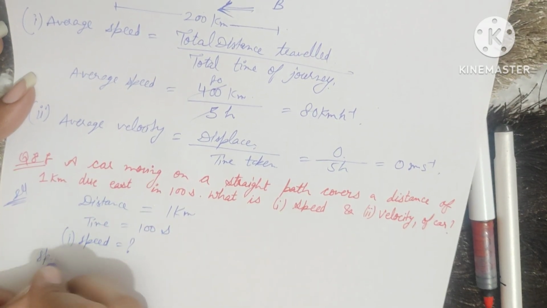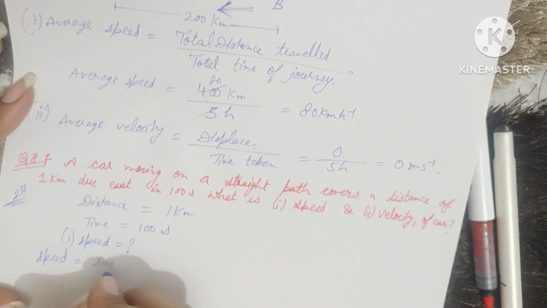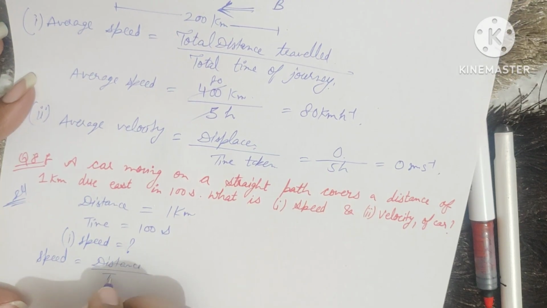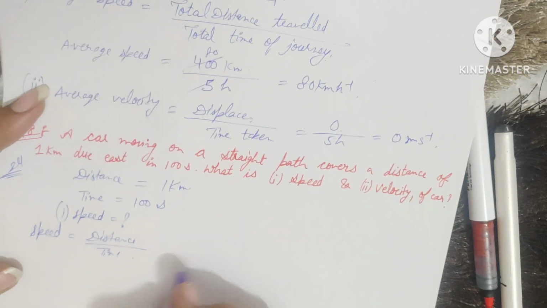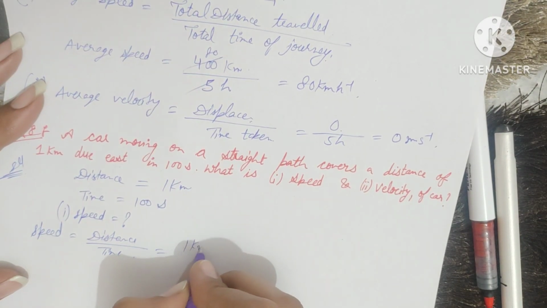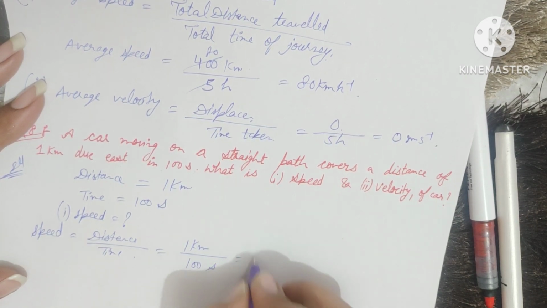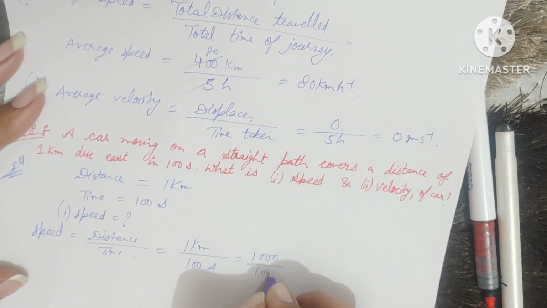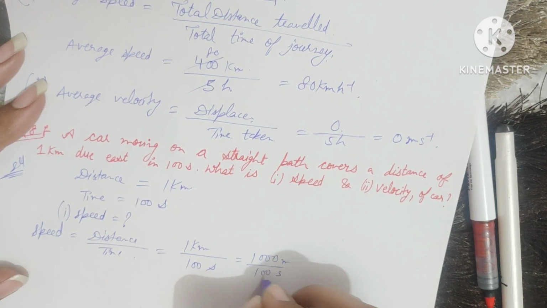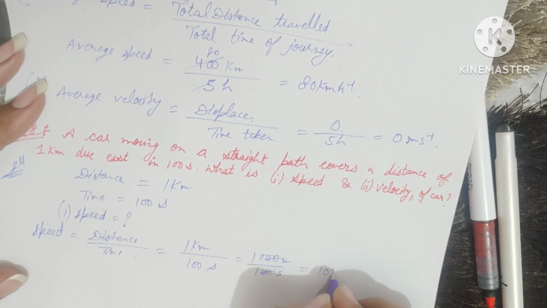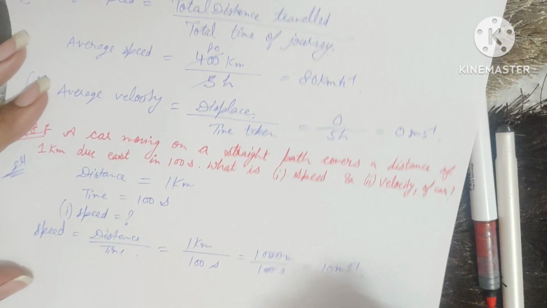The formula of speed is equal to distance divided by time. Distance is 1 kilometer. Time is 100 seconds. You can convert it into meters also. The answer is 10 meter per second.